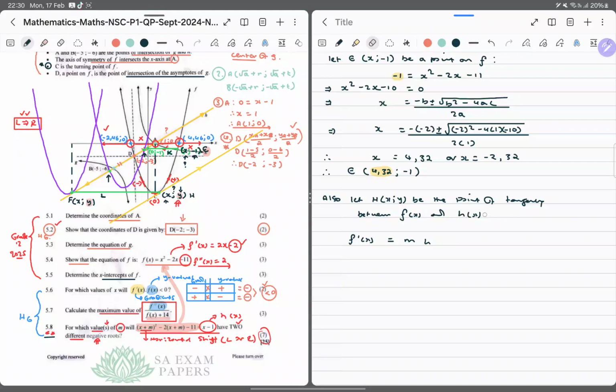I'm trying to be as elaborate as possible. Let's say this is going to be, say, z of x, which is equal to h of x transformed. Yeah? So this is now going to be the gradient of z.